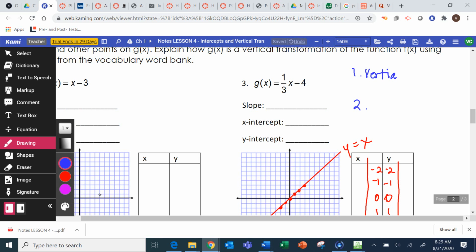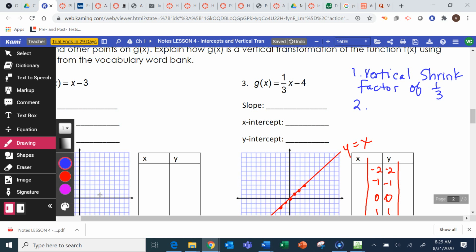Fix my spelling. Factor of 1/3. So we're saying that it's a vertical shrink, and we're saying what the shrink factor is, 1/3.